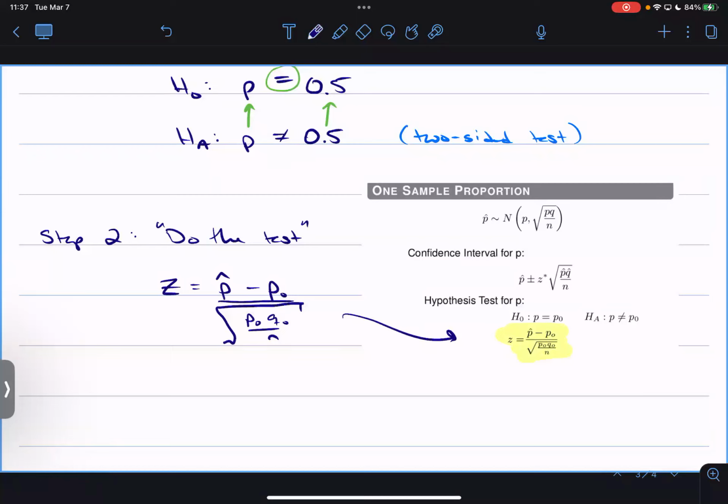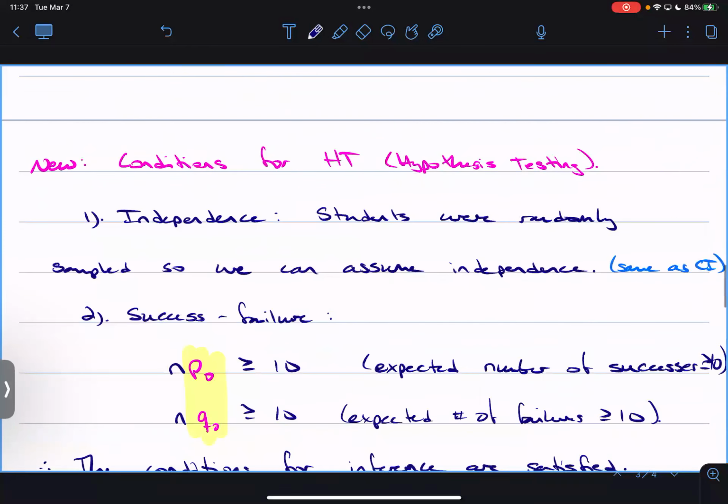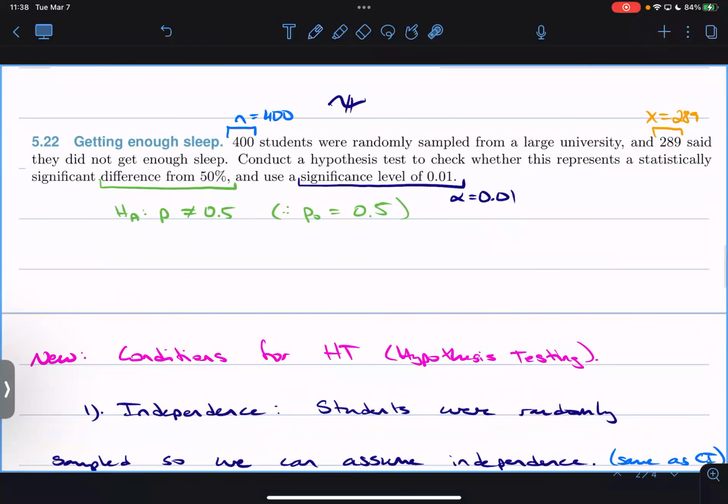So what are we doing? We're just figuring out, okay, well, relative to the spread, right, which we would expect with P naught, right, how far is P hat from P naught? So Z in our case, well, we need P hat. We haven't calculated P hat. And you know what? Maybe I'll do that here in this tiny little space, right?